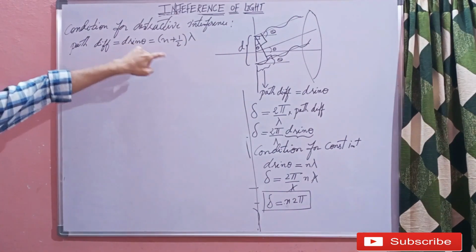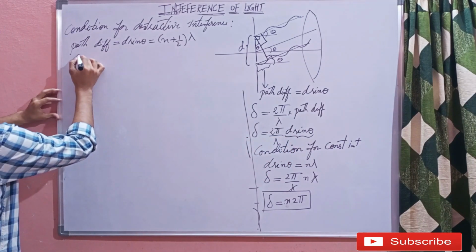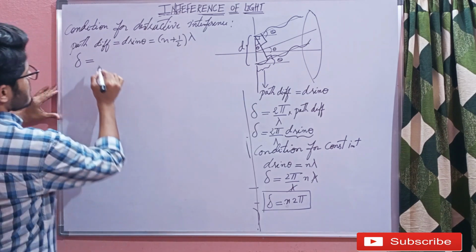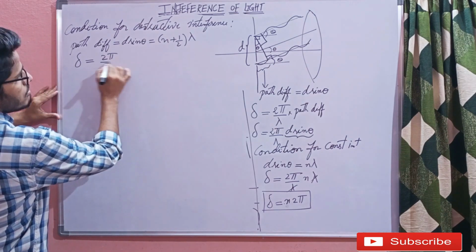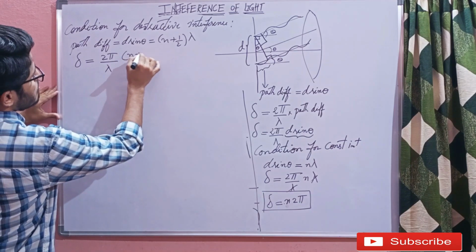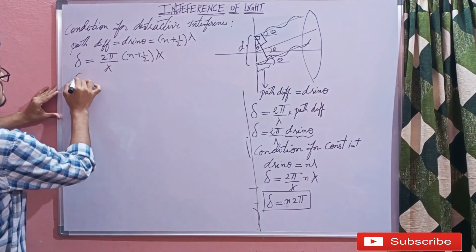Now substitute this path difference in this equation. The phase difference for the destructive interference will be 2 pi by lambda into n plus half lambda. This lambda will get cancelled out.